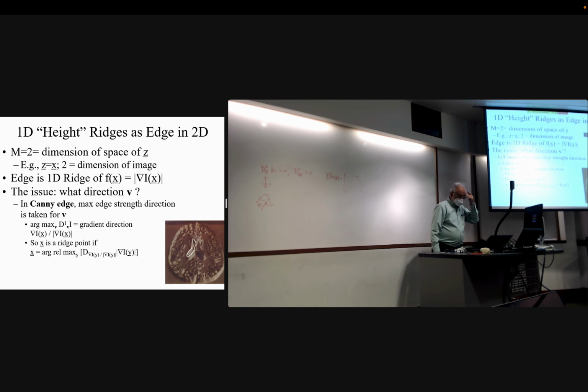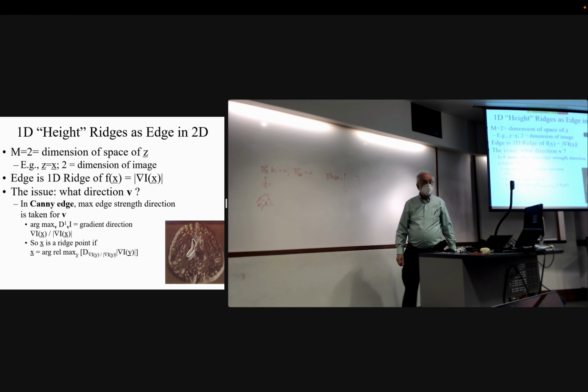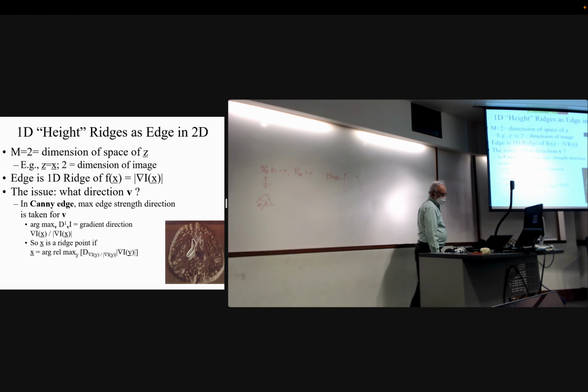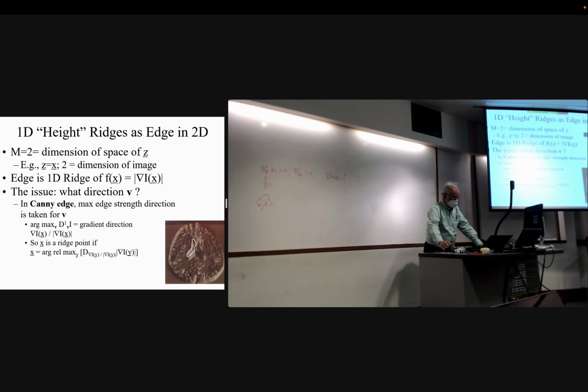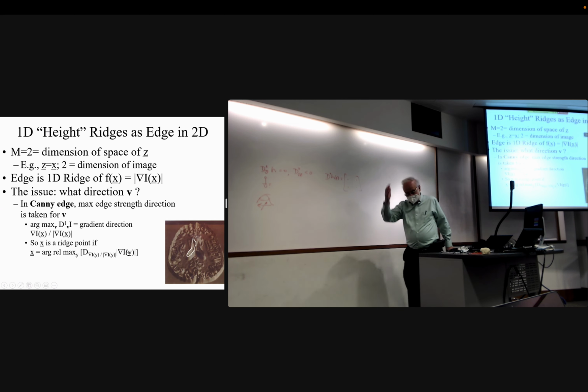In the Canny Edge, we use the gradient direction for V. So X is a Canny ridge point if it's a relative maximum in the first derivative in the gradient direction, where this is the gradient divided by the gradient magnitude.